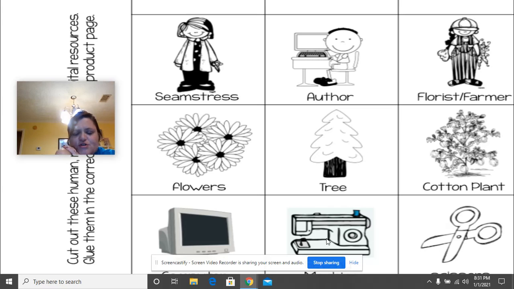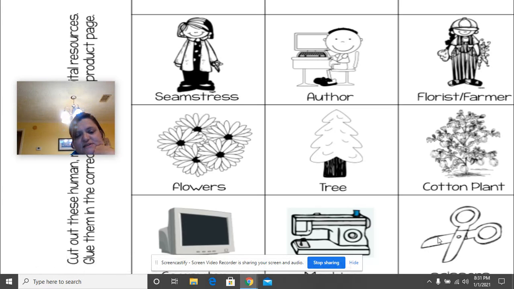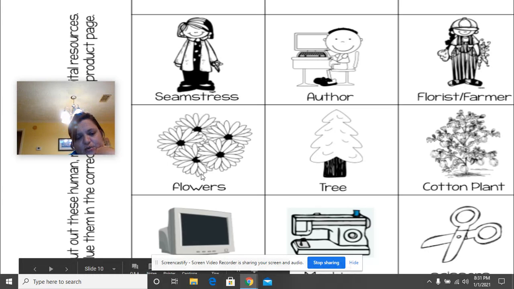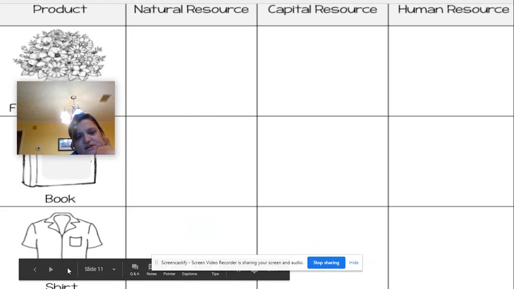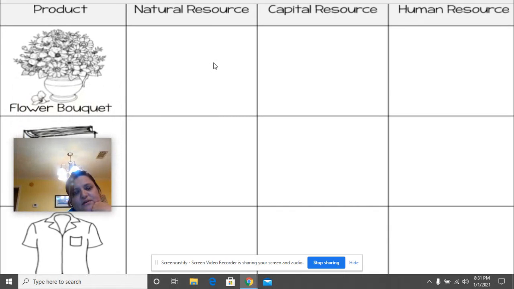No. What about scissors? It must be scissors. That's what we've got left. But if you think about it, it makes sense because you're going to have to cut these flowers with something in order to put it in the flower bouquet. So a scissor is going to be our capital resource here. So we have our natural resource, which was the flowers. The capital resource for the flower bouquet is the scissors.